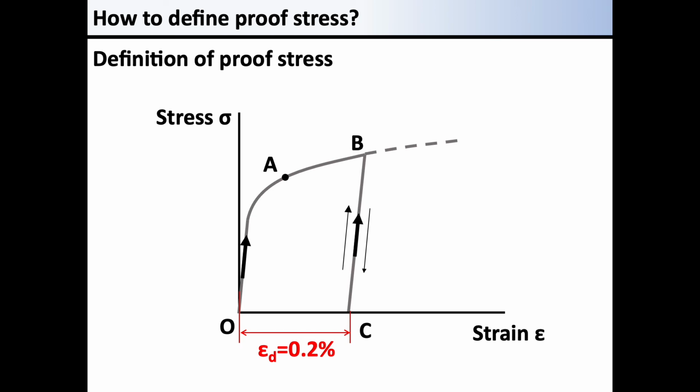The proof stress is obtained by drawing a line parallel to the line within the original elastic range. You should draw a line originated from the point of strain 0.2% parallel to the line in the elastic region. Then, the stress at the point of intersection with the curve of the stress-strain diagram is generally defined as the proof stress.